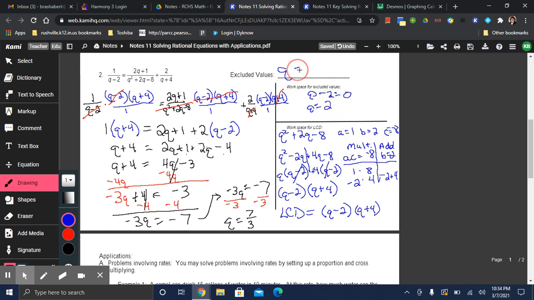So one excluded value is q cannot be 2. We can also check q plus 4 equals 0. We can subtract 4, and q equals negative 4 is another excluded value. q cannot equal negative 4. Since 7/3 is not either one of those answers, 7/3 is our solution.